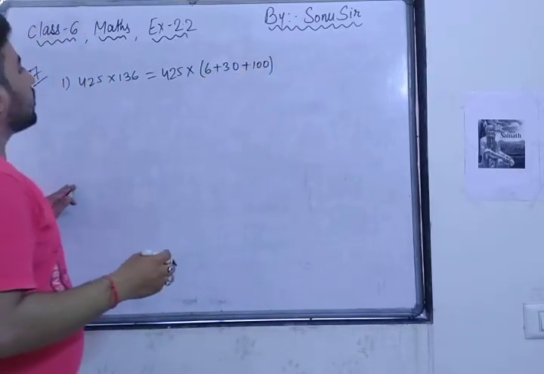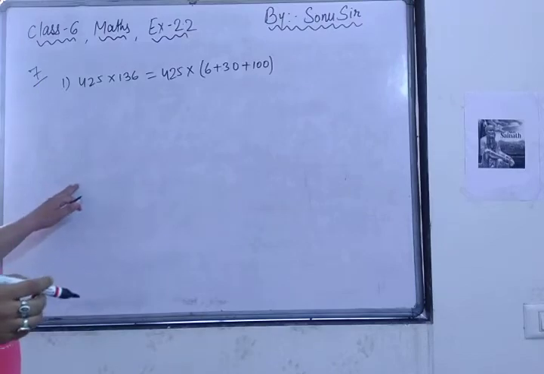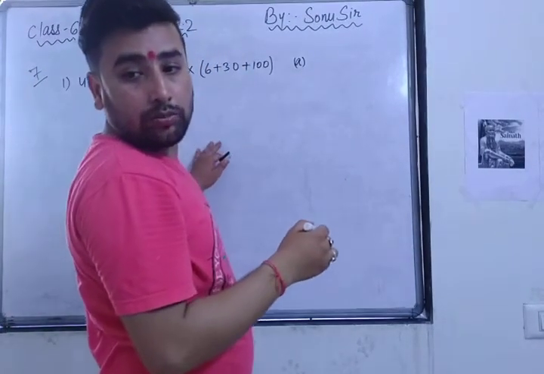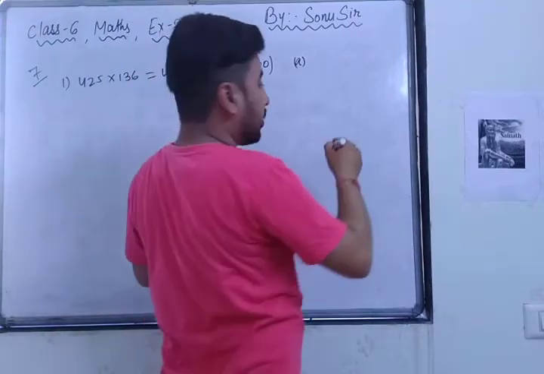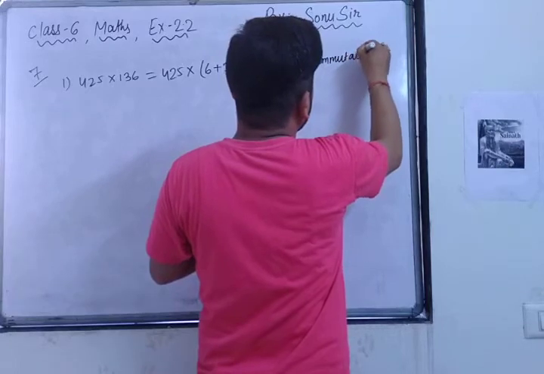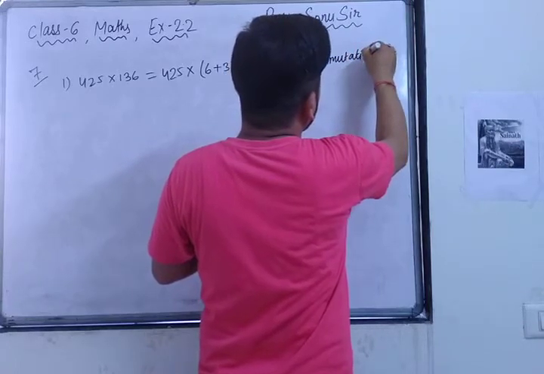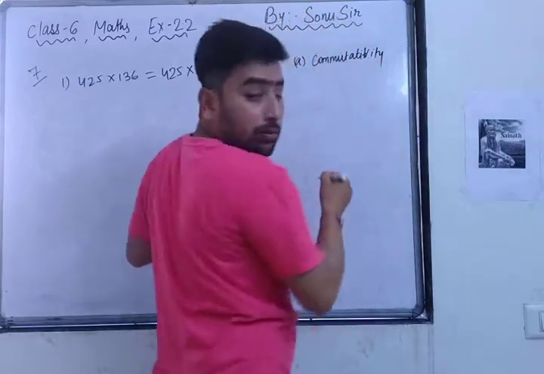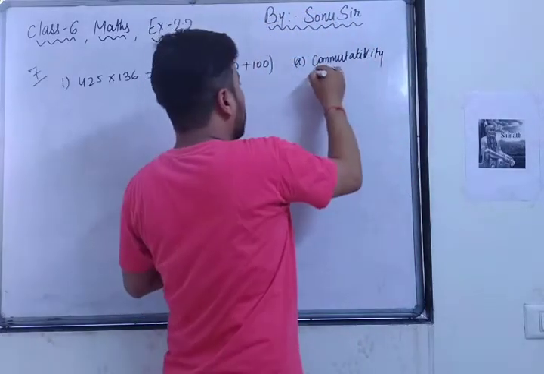Okay, this is our first, and on the right side it is the commutative law, commutativity under multiplication.